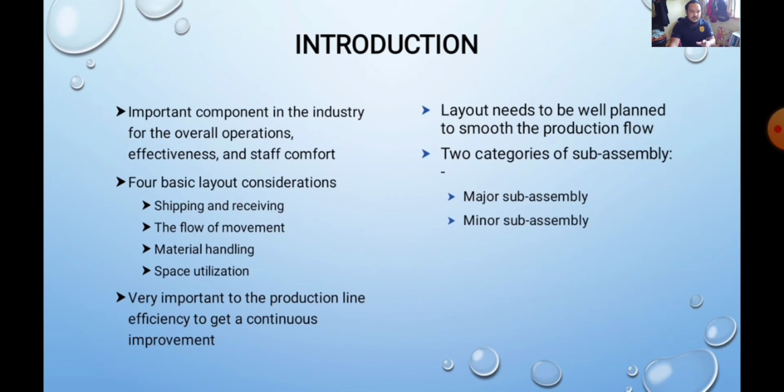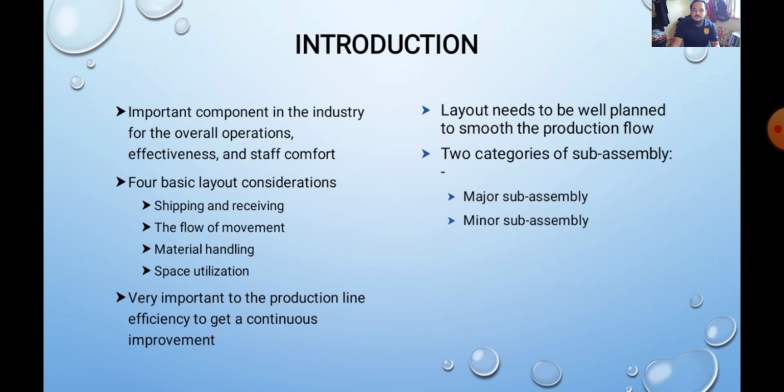So basically, there are two categories of sub-assembly, which are the major sub-assembly and the minor sub-assembly. The major sub-assembly usually will be placed into a typical area, which is a specific zone that will be named based on its parts.